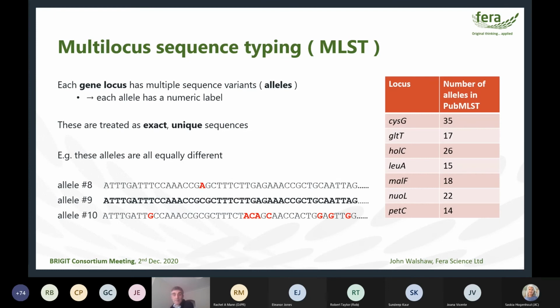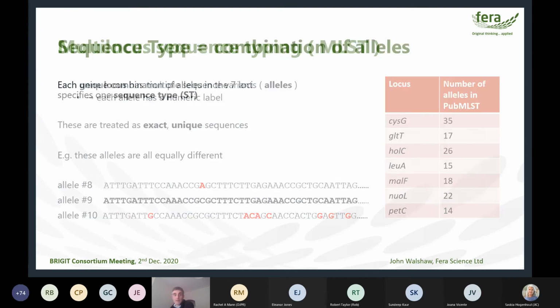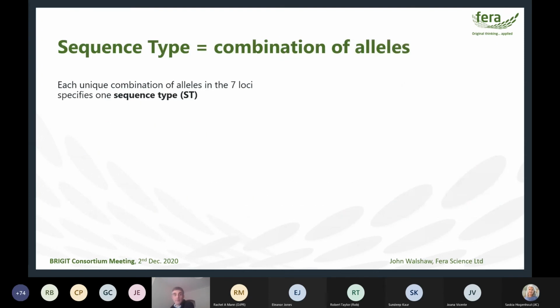And the numbers we're talking about, I mean, there's a few tens of different alleles for each of these loci. And of course, the unique combination of the alleles which occur at each of the loci is what constitutes the sequence type.